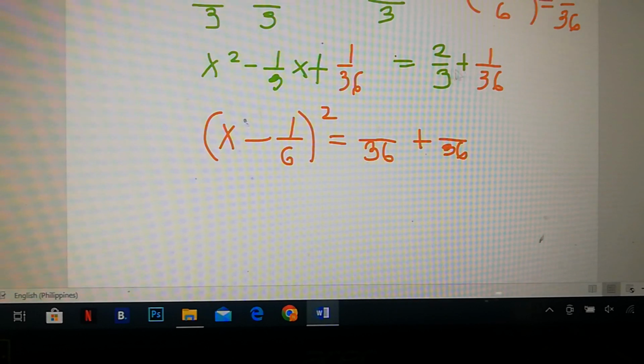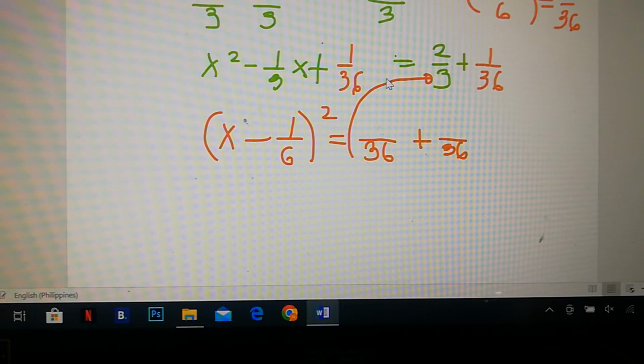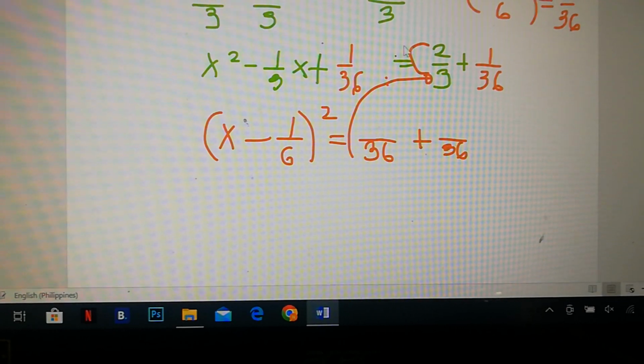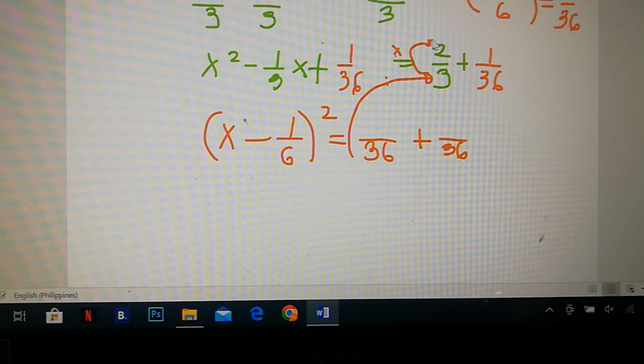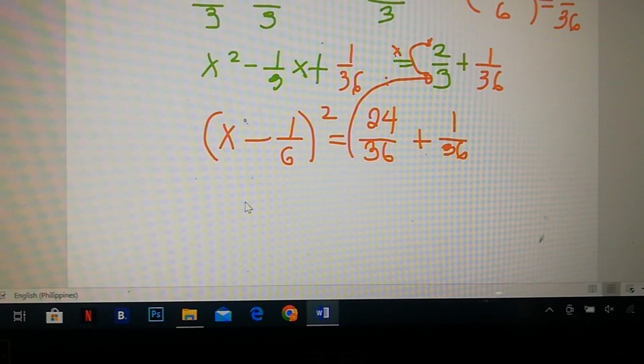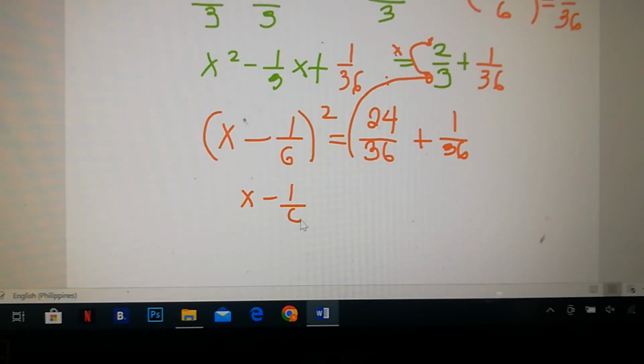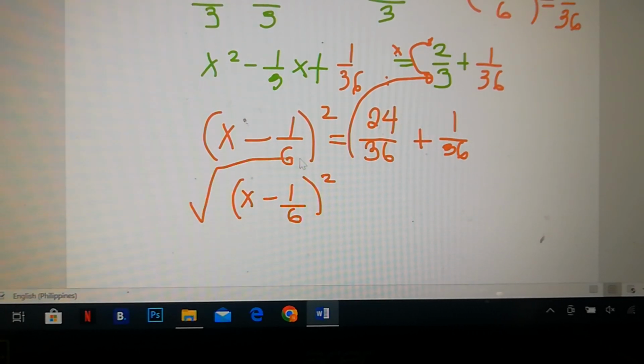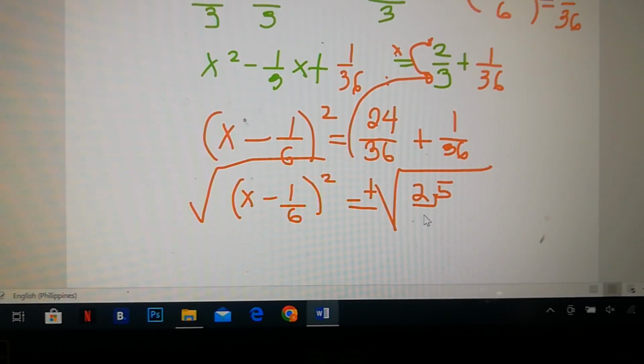So 36 divided by 3 is 12 times 2 is equal to 24. Then copy 1/36. So x minus 1/6 squared, get the square root. You also get the square root of the sum of 24 plus 1, 25/36.